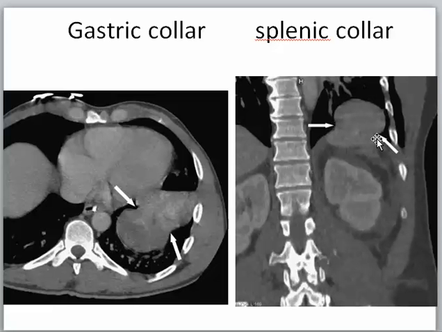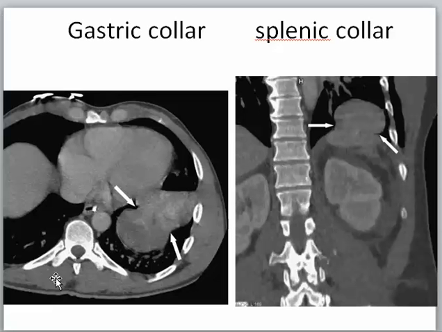This is the diaphragm, and the constriction here is called the splenic collar. So the constriction made by the diaphragmatic rupture will compress the visceral structure, as in here or there. If stomach, it is called gastric collar. If spleen, it's called splenic collar.